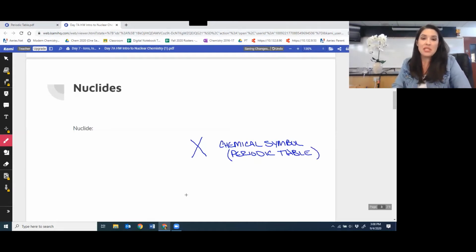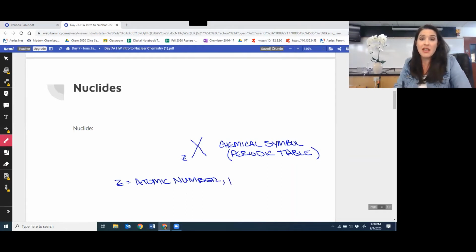The second number that's important is your atomic number. So we are calling Z the atomic number. It's another way of writing the number of protons, which, as you know, literally defines what kind of atom we're talking about.